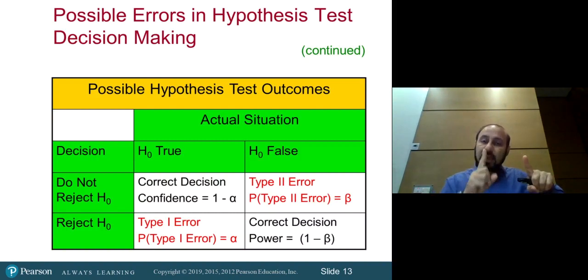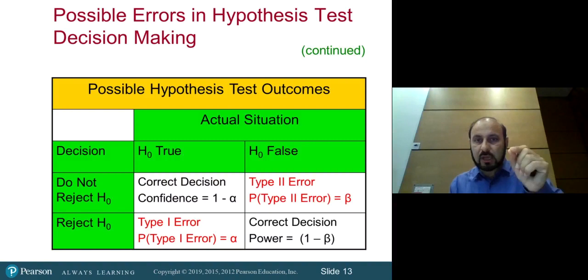So we are talking about the null hypothesis, and you can also imagine the alternative hypothesis decision, because that is the opposite. Now, decision 1: if you do not reject the null hypothesis and it is true, then you have made a correct decision.